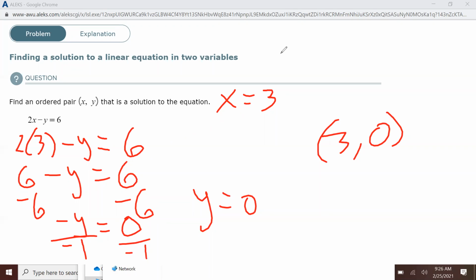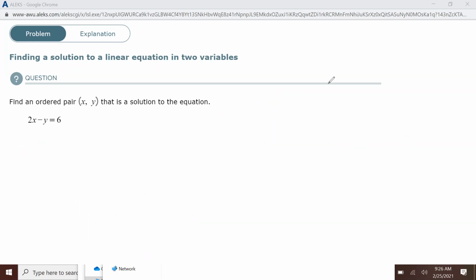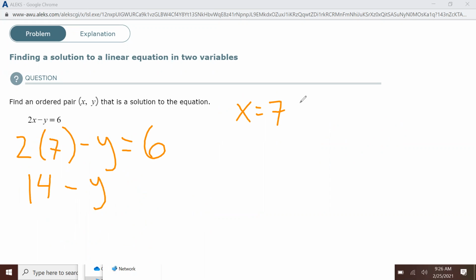Let's find another solution to the equation. How about when x is 7? So I'll replace x with 7. Simplify. Subtract 14.